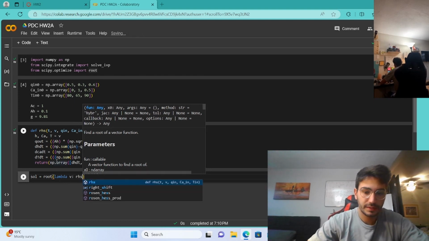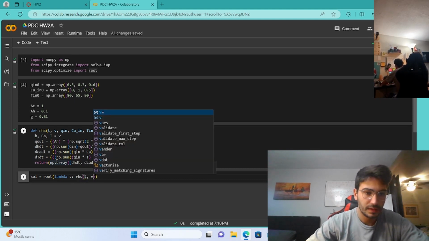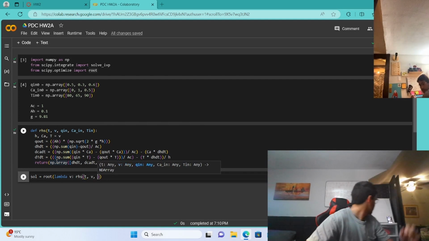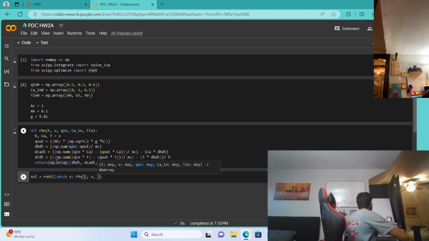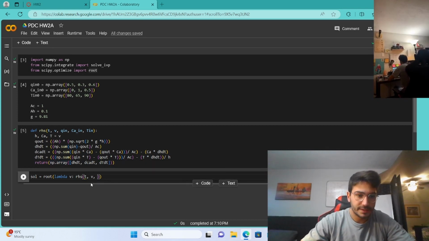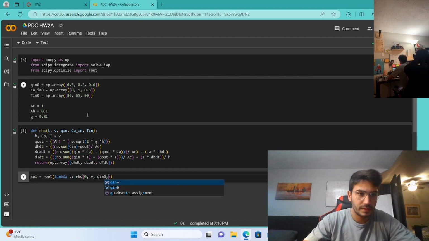Of course, the right hand side, we're going to be using that expression, and then we're going to be using t v again, and then give our values. For time, I'll just give it a 0 vector, and then now we put in our values: q in not, ca in not, and t in not.